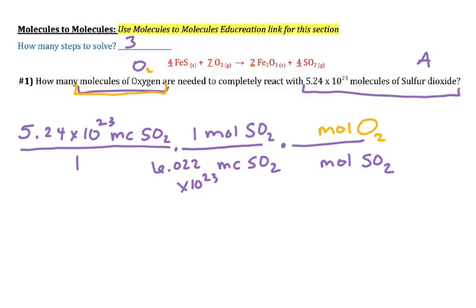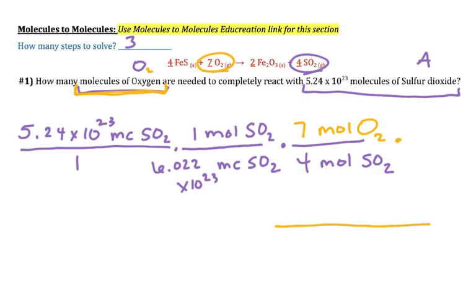And then where do we get the values that go into this ratio? Well, my reaction is showing that I have 7 moles of oxygen when I have 4 moles of SO2. So that's going to be 7 moles of oxygen over 4 moles of SO2. Now that I've switched to that oxygen, now I can go moles of oxygen to molecules, which is where the problem asked me to go.